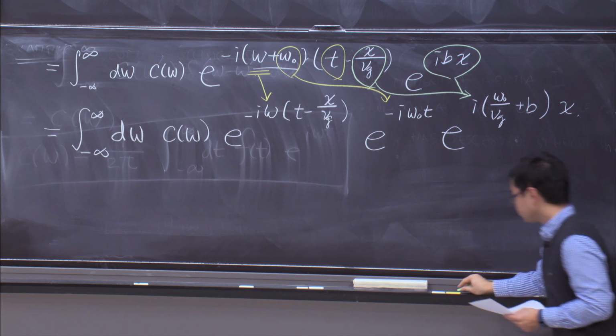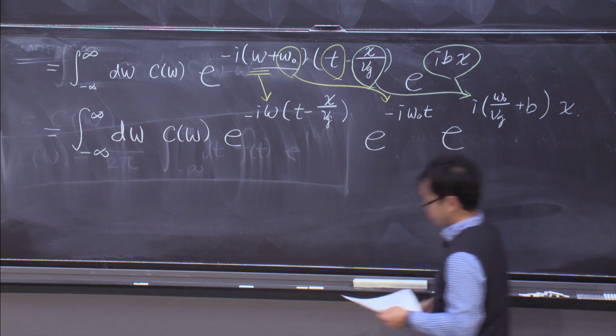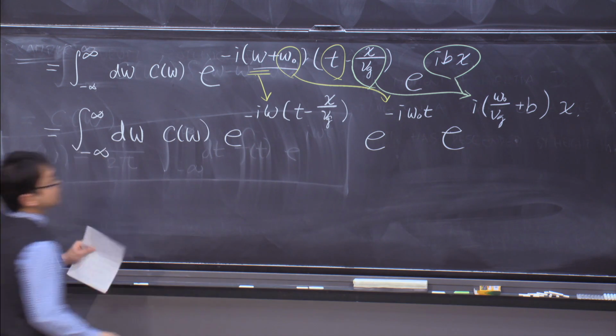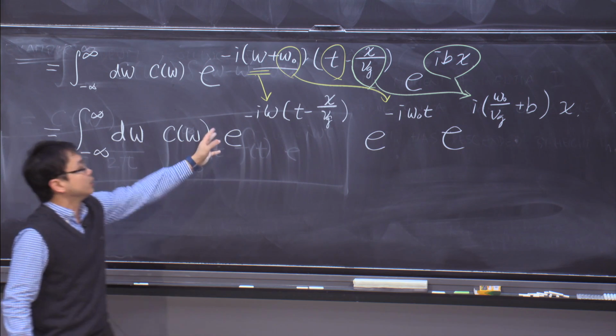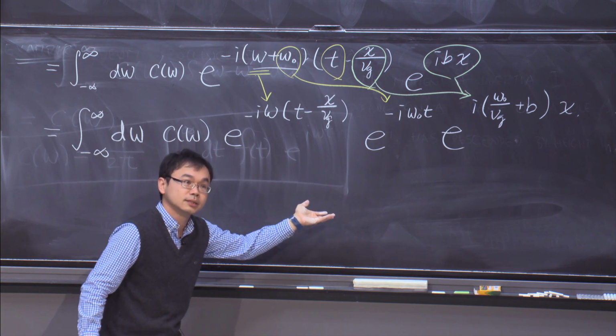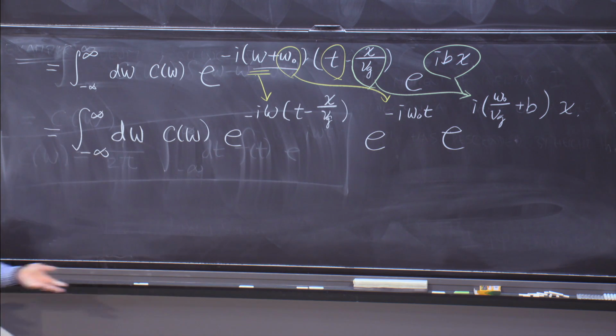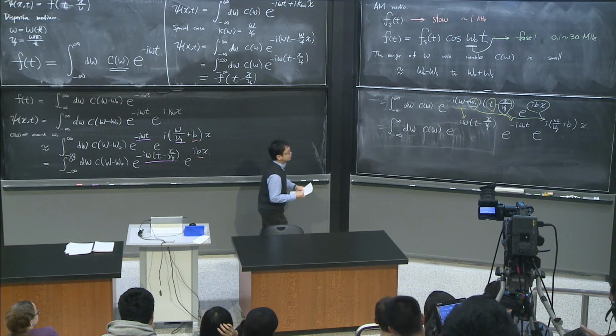Okay? I can immediately recognize that after this rearrangement, it's just rewriting the formula, putting all those terms in different places, okay? Of course, you can review this part of the lecture in the lecture notes later.